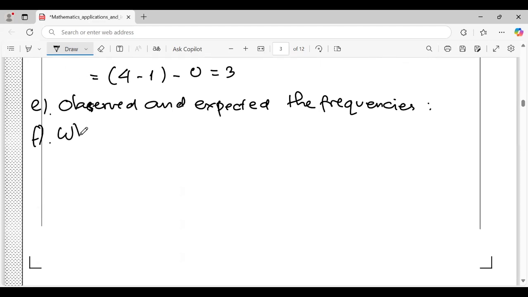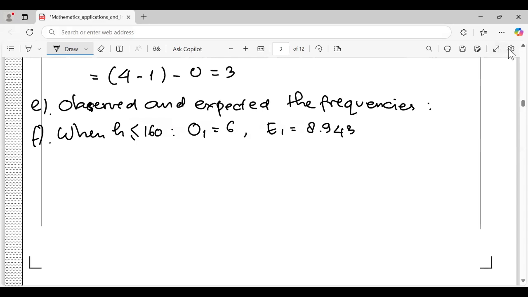When H is less than or equal to 160, O first equals 6, and the expectation E first is 8.943.